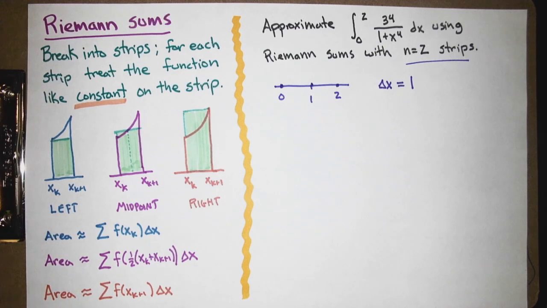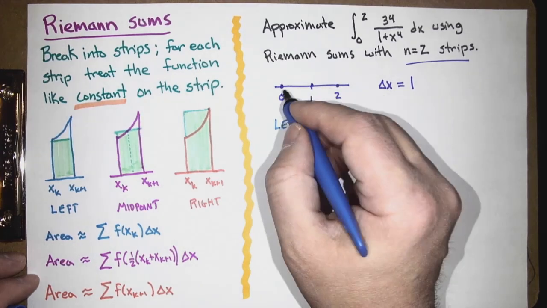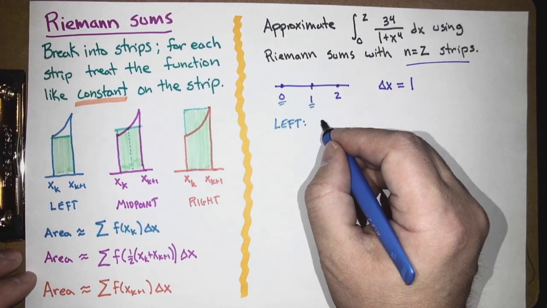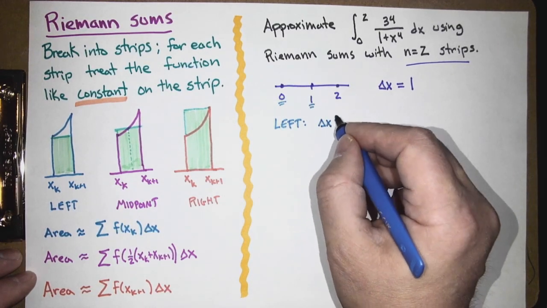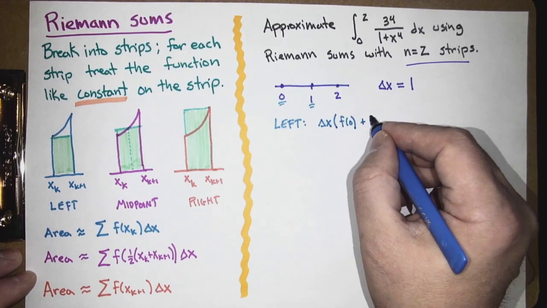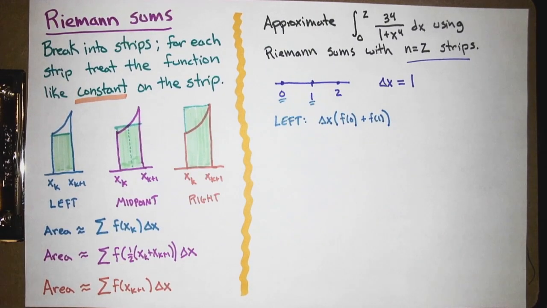All right. Now we have our 3 things we need to compute. So let's go through and work those. Let's do our left. So for left, no surprises. We just say what's happening on the left ends. So we can think of this as we have our delta x, our width, and then we have what happens at f of 0 and what happens at f of 1. Well, we can plug these numbers in.